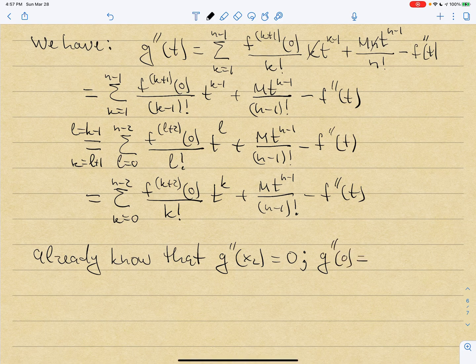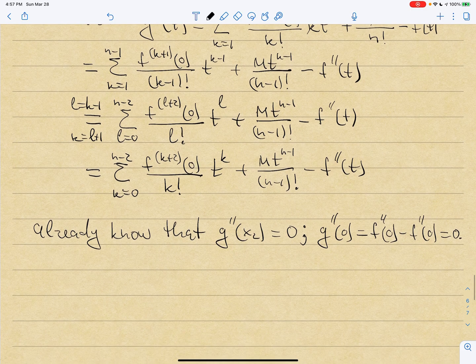So what am I getting? I'm getting the same thing as before. When t is equal to 0, only the 0th element survives, and that is f double prime of 0. Nothing will contribute from the m term, and the last term is just minus f double prime of 0. So the whole thing is 0.